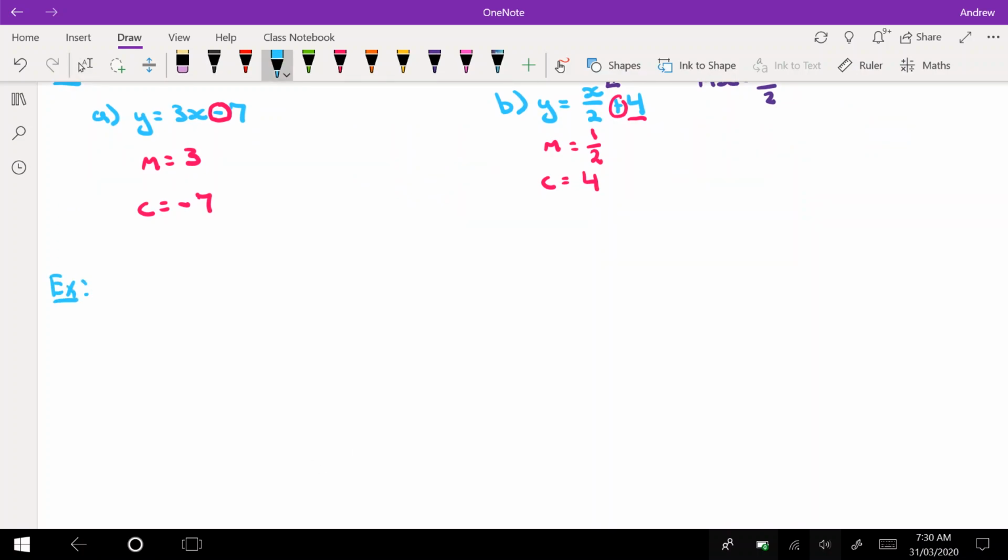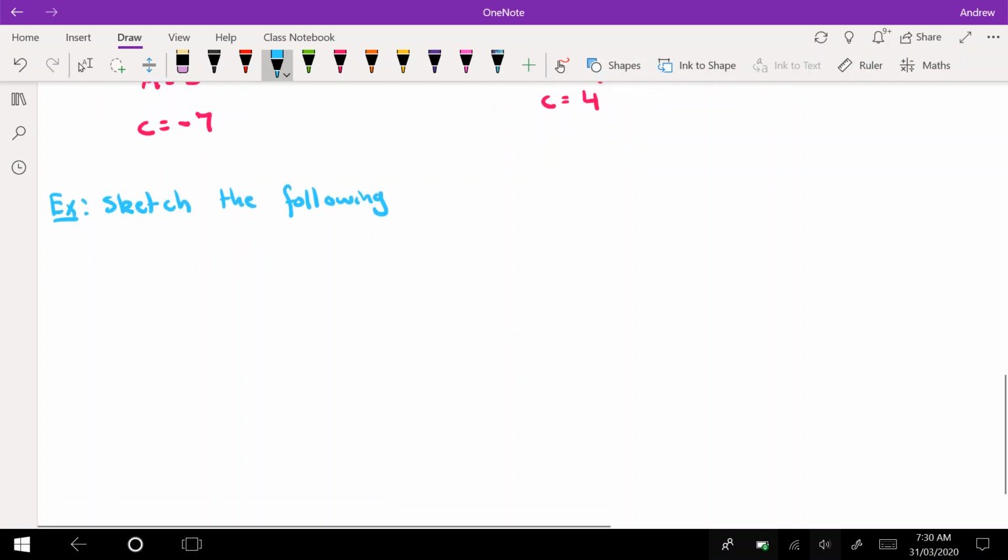And now we're going to go back to sketching lines, so sketch the following. We're going to have the line y equals negative 2x plus 4. We're going to have the line y equals 3x.